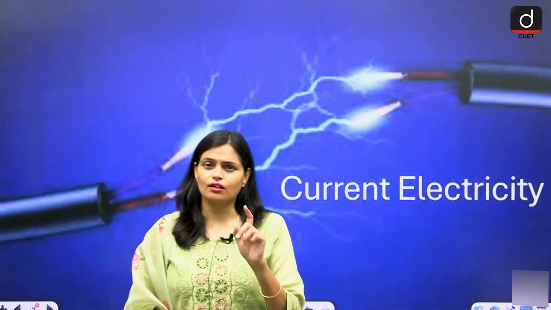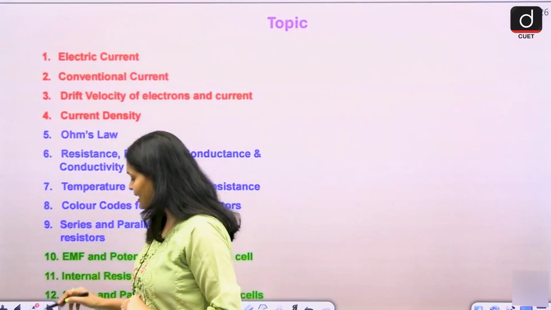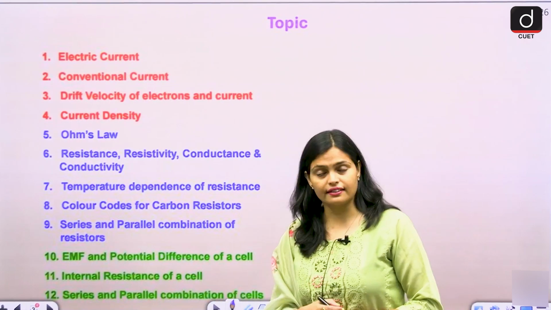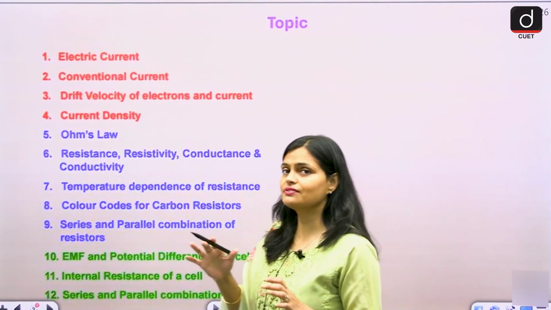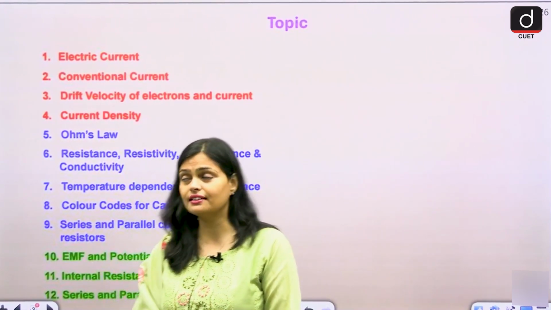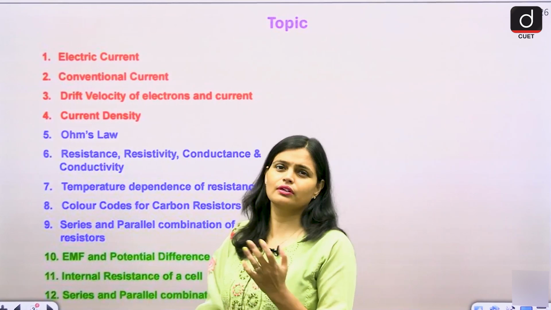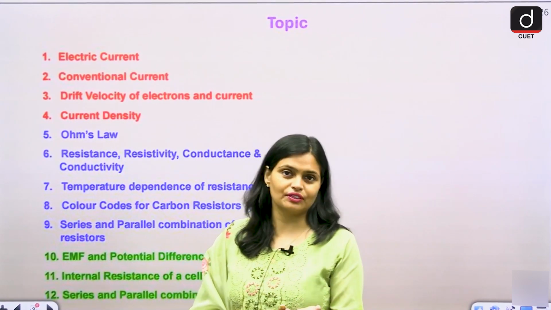Okay, so in this session related to current electricity, we are going to discuss a few topics. First of all, we'll discuss what you mean by electric current. Then conventional current, what is conventional current?